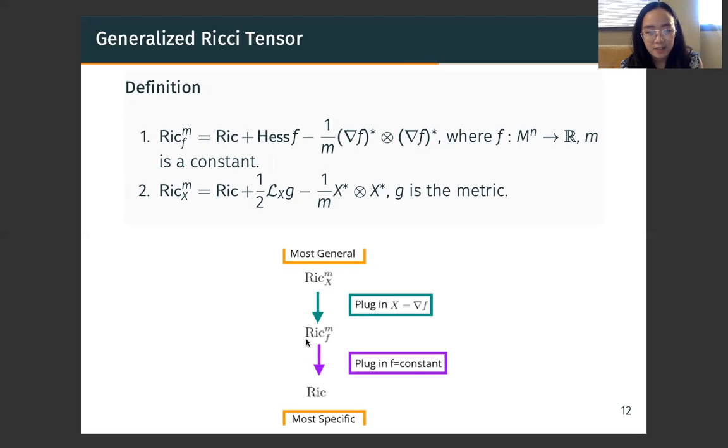And then finally, we have Ricci X m, which is the most general. And if you plug in grad f for X, then you get Ricci f m. Because of this, we can call the Ricci f m gradient m-Bakry-Emery Ricci curvature because of the grad f. And then we call Ricci X m non-gradient m-Bakry-Emery Ricci curvature.